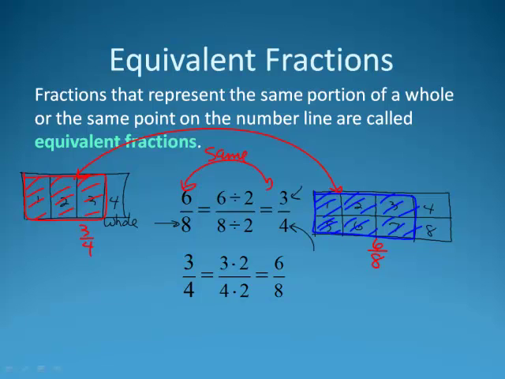You could think about it on a number line instead if you wanted to. If you're looking at a number line, and let's say you're interested in 1 representing your whole, you could take that distance on your number line, or on a ruler, if you're more familiar with a ruler, and you could cut it into 4 equal pieces.